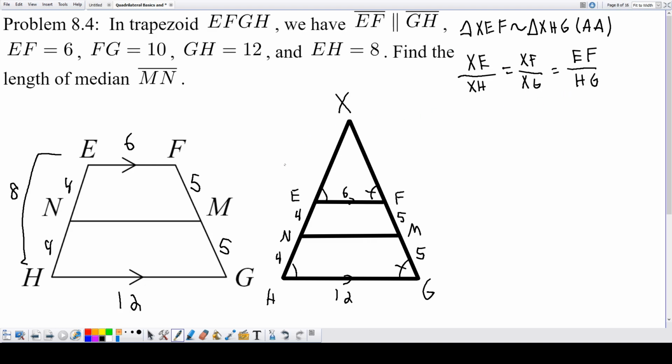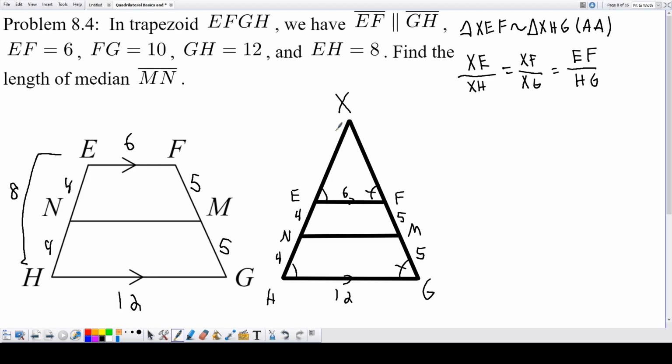Alright, well, why is that so important? Well, I want to show that NM is parallel to EF or HG. That way, if they are, then I can make a ratio with them. And if I can make a ratio with MN, then it'll be easy to find the length.